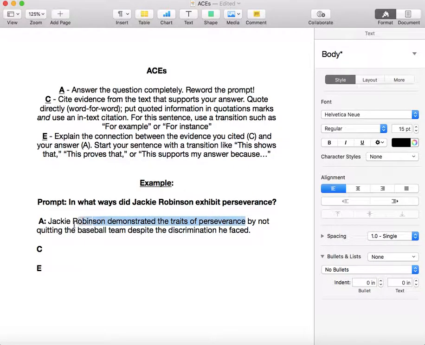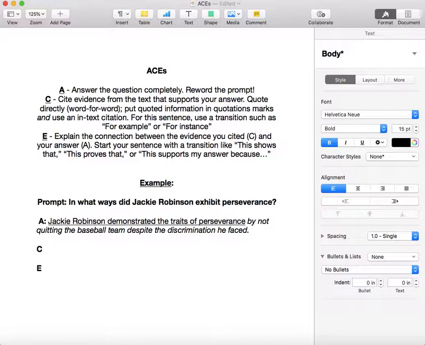So not only did I reword my prompt, I also answered the question. So what was my question? Jackie Robinson demonstrated the traits of perseverance, or how did he do that? And my answer was by not quitting the baseball team despite the discrimination he faced.